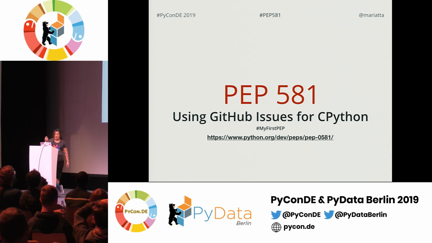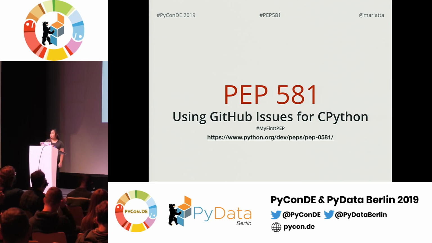So now, the workflow is so much better than ever. We have lots of bots. We're on GitHub. I think it can be further improved. I think it would be great, instead of using the current bug tracker, BPO, if we moved to GitHub and started using issues on GitHub. So I wrote a PEP about this.